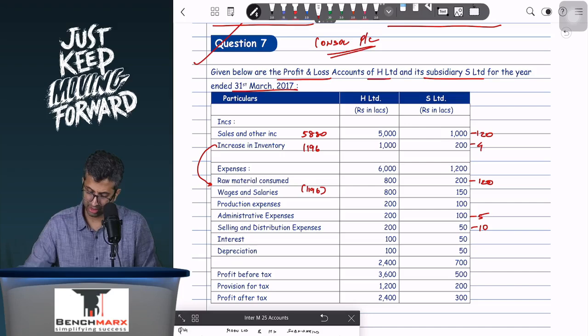Next is raw materials consumed. This will be 800 and 200. Okay, hold on. Here minus 5 and minus 10 will also come here. I forgot that. So 5880 will not come. This is 6000 minus 120 minus 15. 5865.